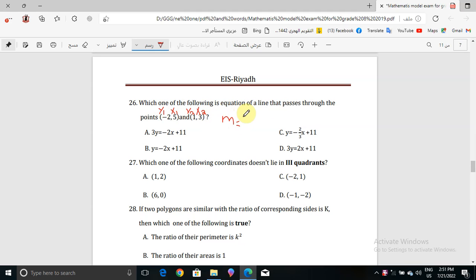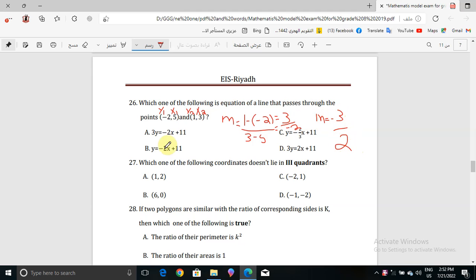So that means y2 minus y1 over x2 minus x1. So here it will be 1 minus negative 2, which is equal to 3, over the change of x, which is x2 minus x1, that means 3 minus 5. It will be equal to negative 2. So m is equal to negative 3 over 2.